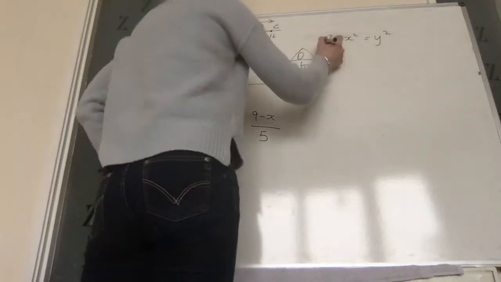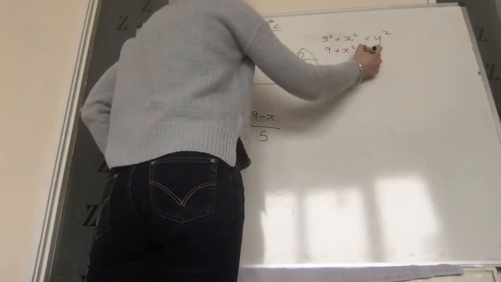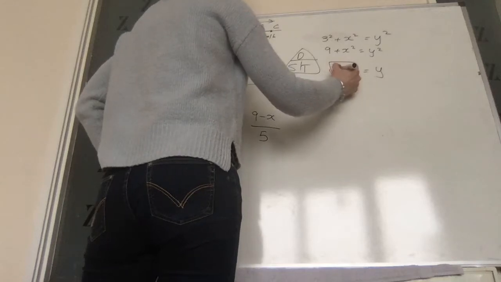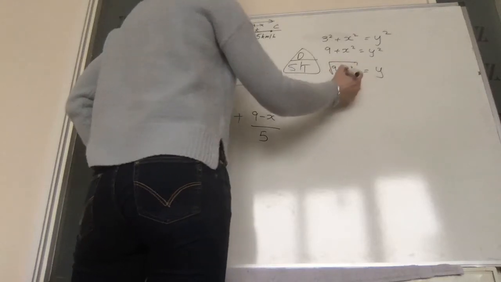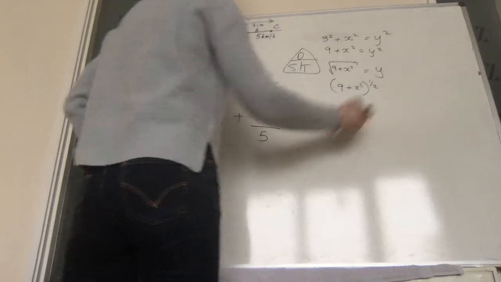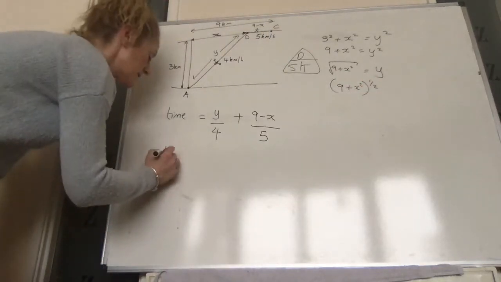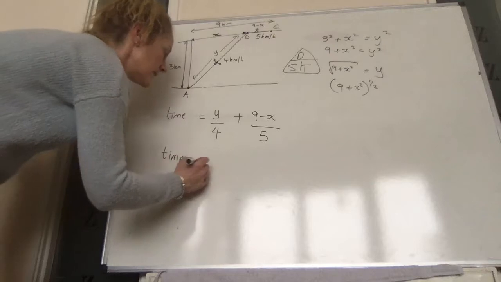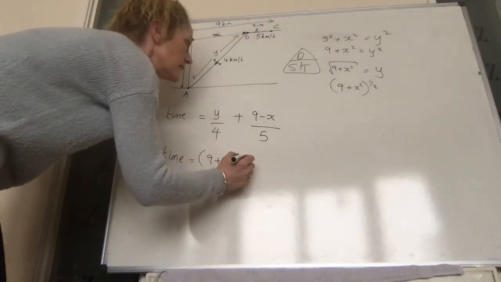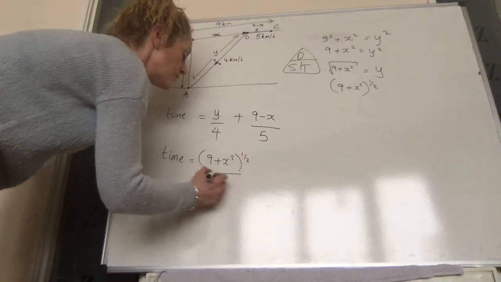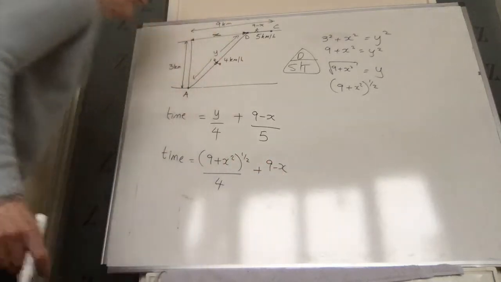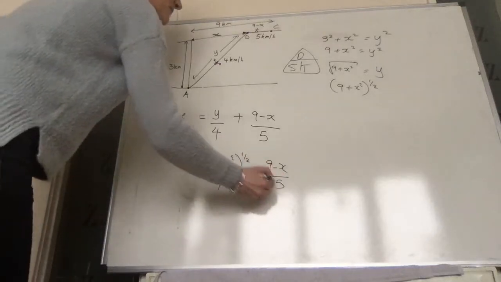So 9 plus x squared is equal to y squared. y is equal to the square root of 9 plus x squared, or 9 plus x squared to the power of a half. So the time it takes him is 9 plus x squared to the power of a half over 4 plus 9 minus x over 5. That's an expression for the time.